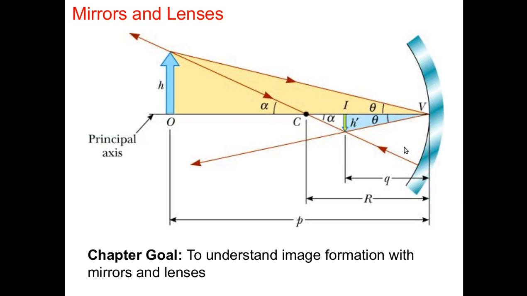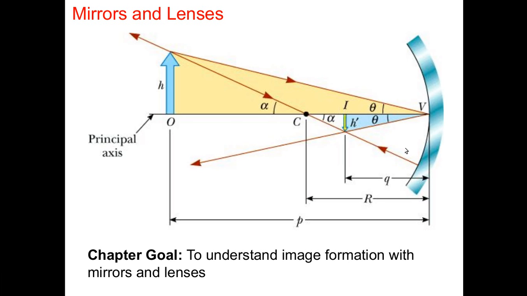So we're going to talk about mirrors first, so we're going to be dealing with the law of reflection. In chapter 22 we dealt with flat mirrors, right? So this was always true. If we had a ray that was perpendicular to a flat mirror, it reflected right back in the same direction.